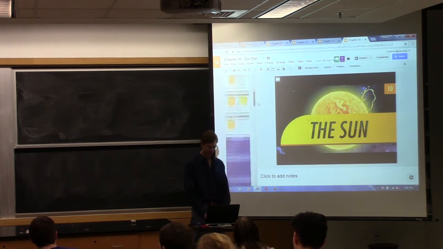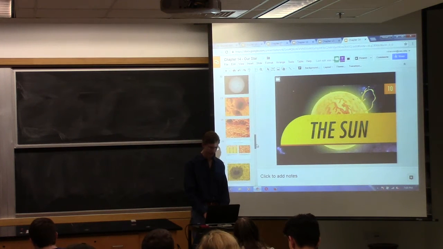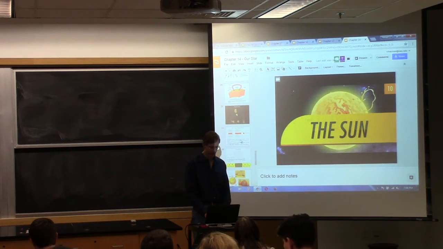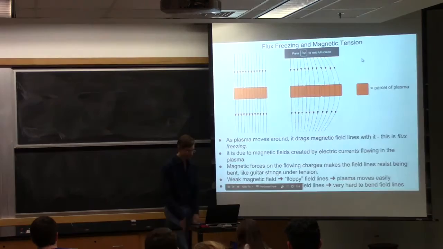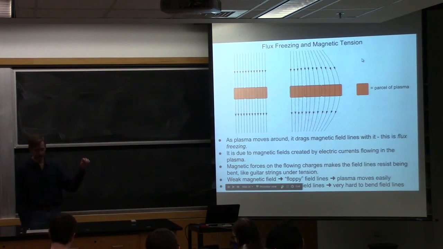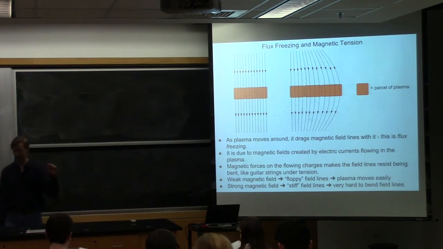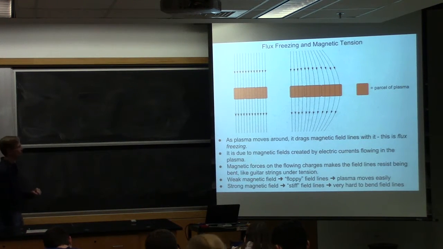So, flux freezing is the idea that magnetic field lines in plasma move together. That's what it comes down to. The sun is ionized, it's a plasma, a gas where many electrons have been stripped off of atoms, and so therefore it's electrically conducting, currents can flow in it.